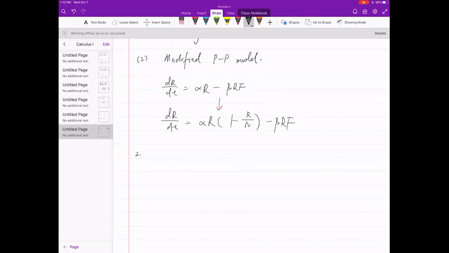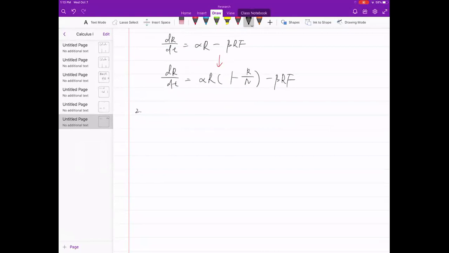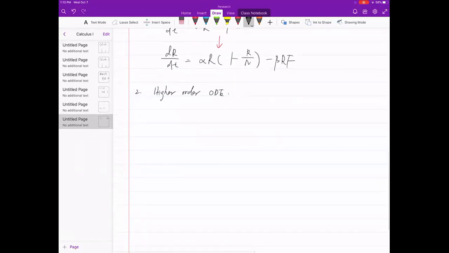The second thing we need to talk a little bit about is how to solve second order or higher order ODE. A classic one we had before is the spring mass system, or what we call a harmonic oscillator.